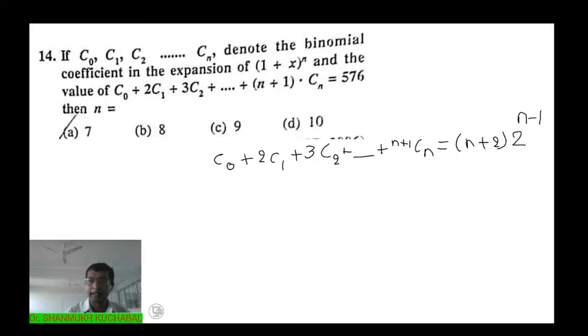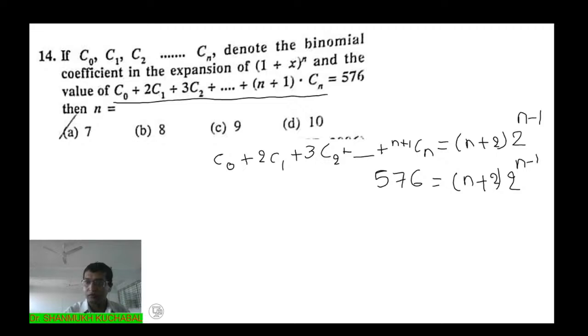Further, it is given that this sum is equal to 576. So I take this whole expression as 576 equal to (n plus 2) multiplied by 2 raised to n minus 1.